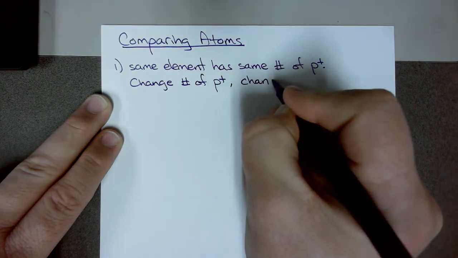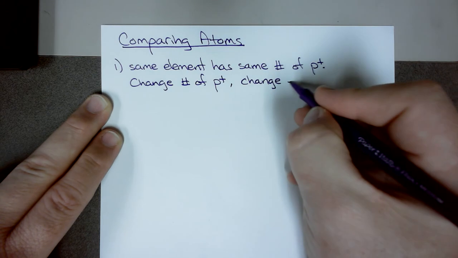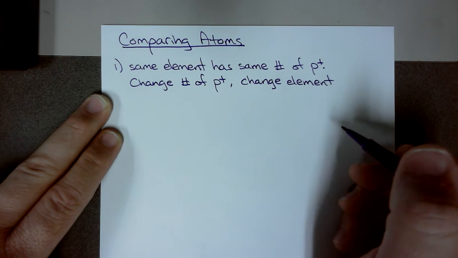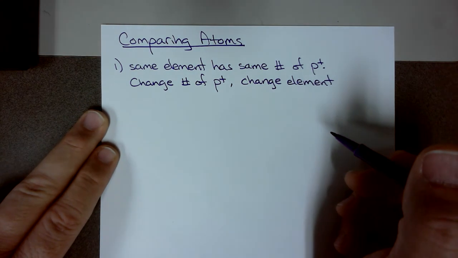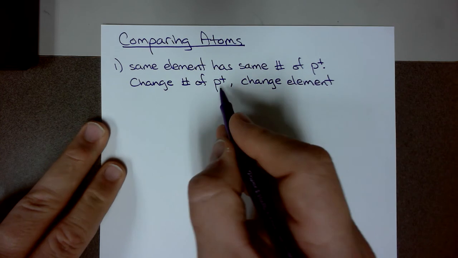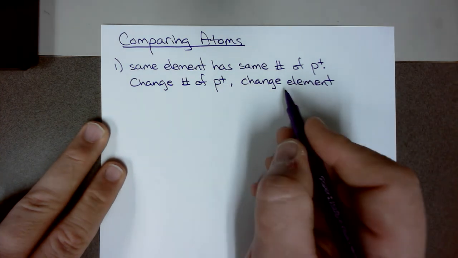Therefore, we cannot change the number of protons. Yes, it does happen in nuclear chemistry, but we do not do nuclear chemistry in general chemistry class. So we will not be changing the number of protons, because if you did, you change the element.